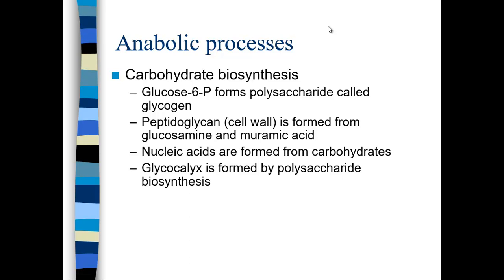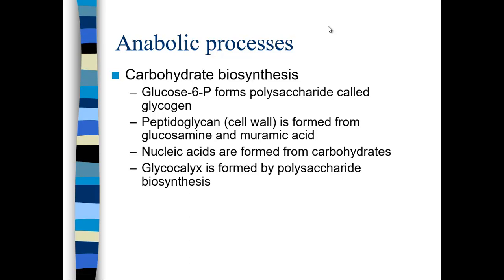In terms of carbohydrate biosynthesis, these are anabolic processes. You can have glucose 6-phosphate form a polysaccharide called glycogen. Glycogen is stored in the muscles. You can have peptidoglycan, which is a component of the cell wall in bacteria.